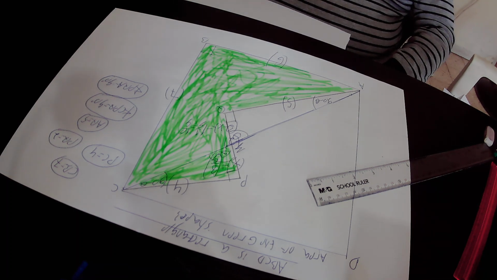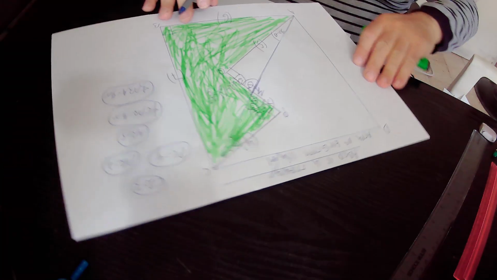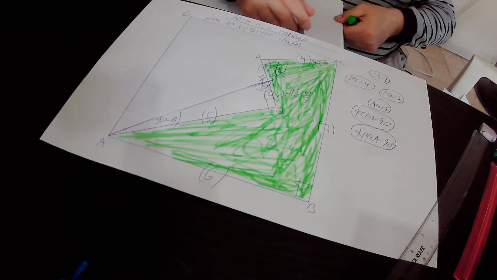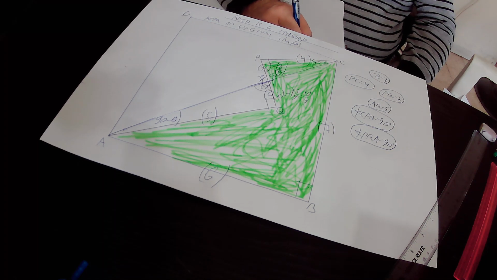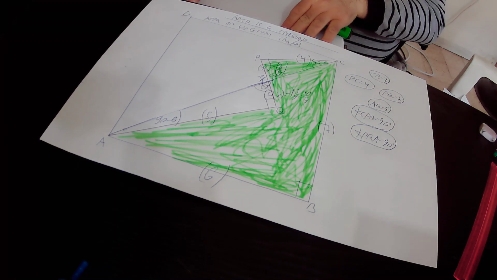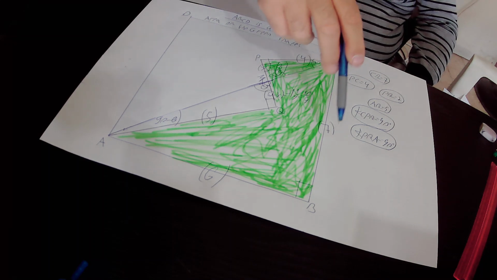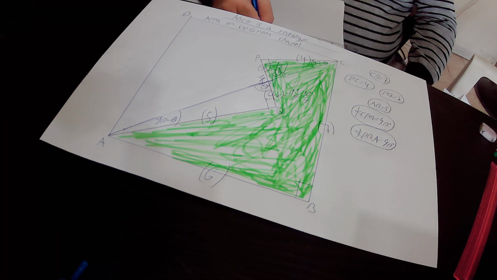So, what is the area of the green shape? The area of the green shape equals the area of the big right triangle ABC.